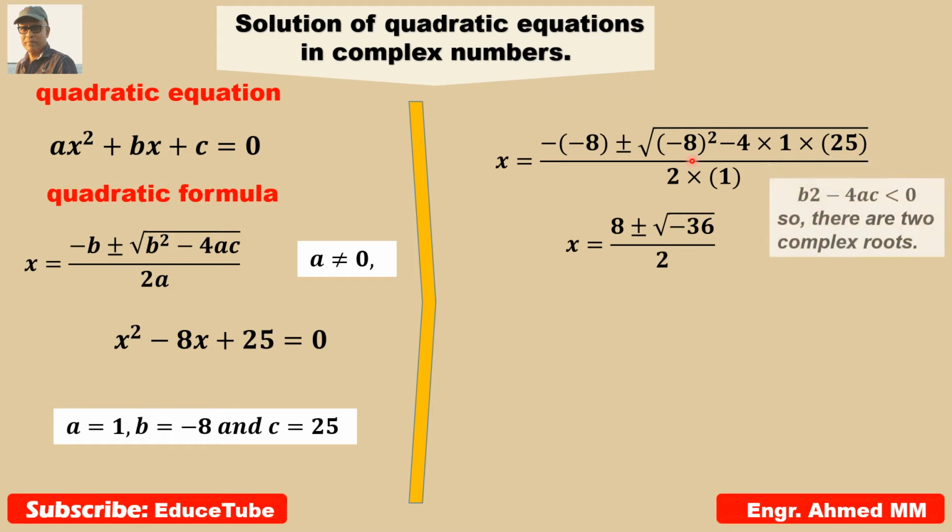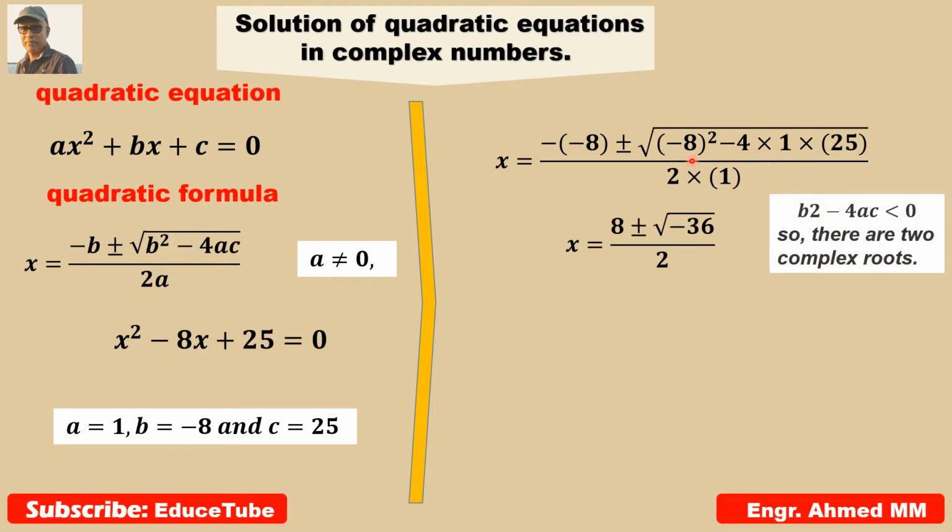So if we do the calculations step by step, here also it says b square minus 4ac is less than 0. So there are two complex roots. Look at this, minus 36. It is less than 0.